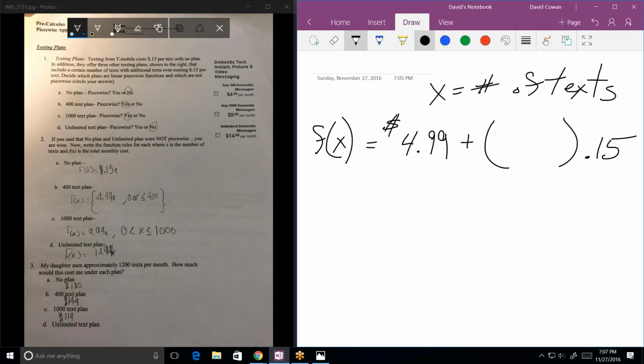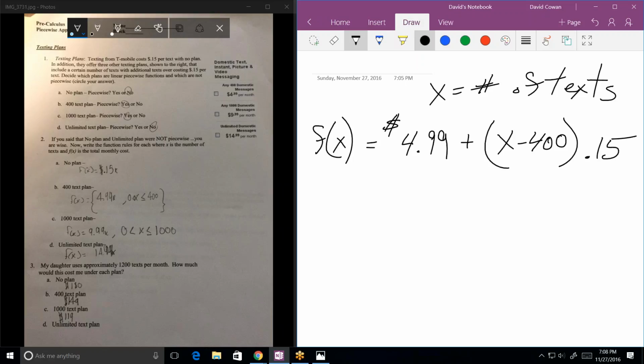Plus 0.15x? No, because we get 400 texts for that. Oh, so 400. Well, it would be x minus 400. In other words, if x were 400, this would be 0, and we would just pay $4.99, right?